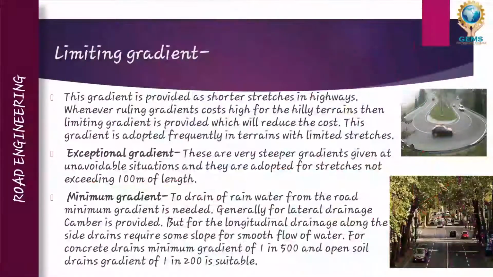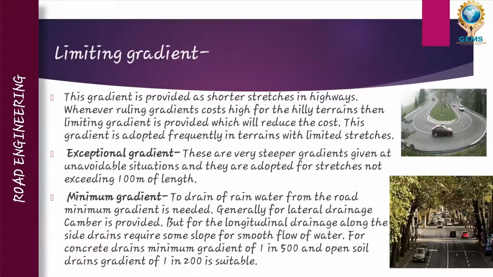Next is limit gradient. Limit gradient is nothing but the gradient provided for a short stretch in a highway. As you can see in this highway, this is a short stretch, and this is known as limit gradient.